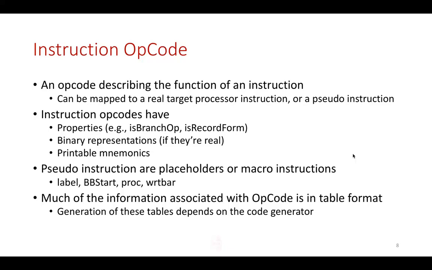There are also instructions for describing the basic block entry or the entire procedure entry, or, in the case of a macro instruction in Java, you could have something like a write barrier instruction. What tends to happen with the write barrier instruction is that it has a lot of logic associated with it. So in order not to pollute the trees or the instruction stream too early, we use a compound write barrier pseudo instruction that gets expanded out later.